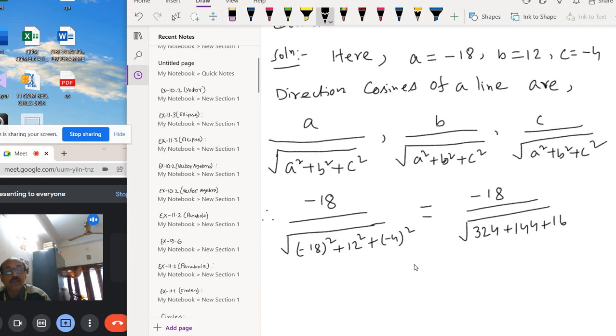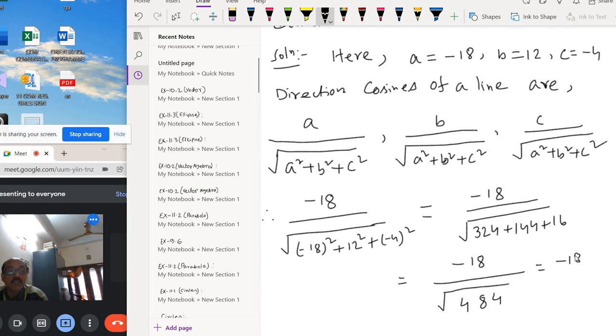So the total is 324 plus 144 plus 16, that is 484. Now under root 484 means 22.